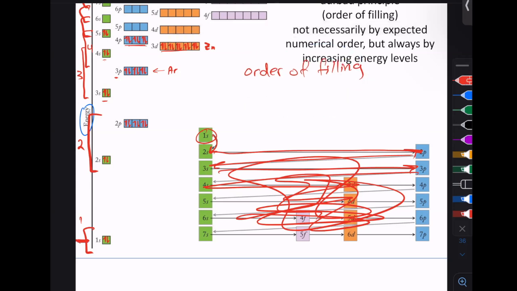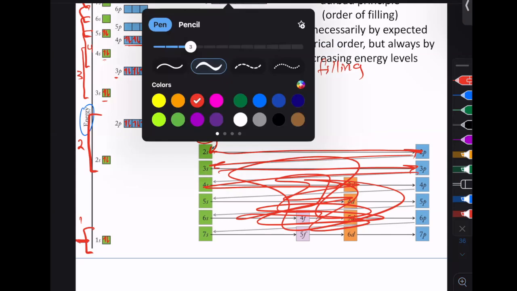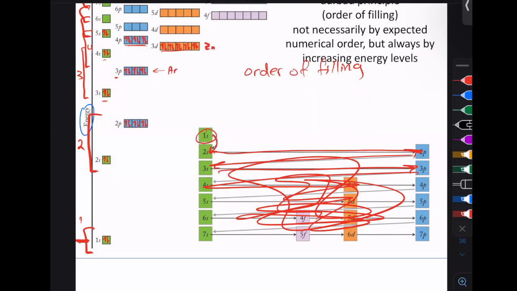Now, some of you who had chemistry more recently in another class might have seen this kind of setup where you say, okay, well, at n equals 1, I have the s sublevel. At n equals 2, I have a 2s and a 2p. At n equals 3, I have 3s, 3p, and 3d. At n equals 4, I have 4s, 4p, 4d, and 4f. And we can continue along this.